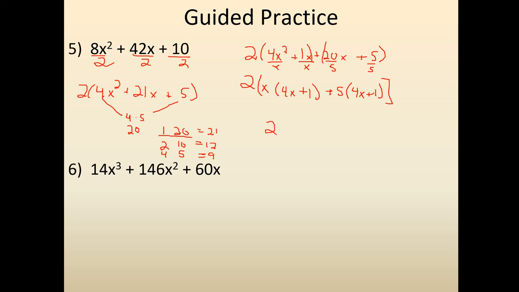Then rewriting, we have the 2 from before, the 4x plus 1 that both terms share, and the x from over here, and the plus 5 from over there. And there we go. Remember, we always end up with this same type of answer of 2 binomials being multiplied.